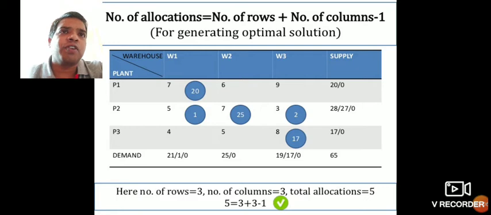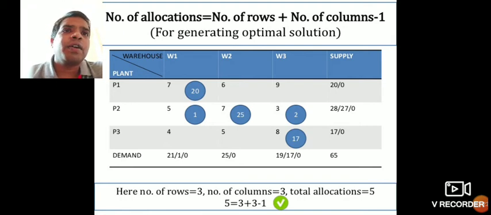There is a formula: the number of allocations equals the number of rows plus the number of columns minus 1. Now can you tell me how many allocations are there here? Allocation cells, there are 5.